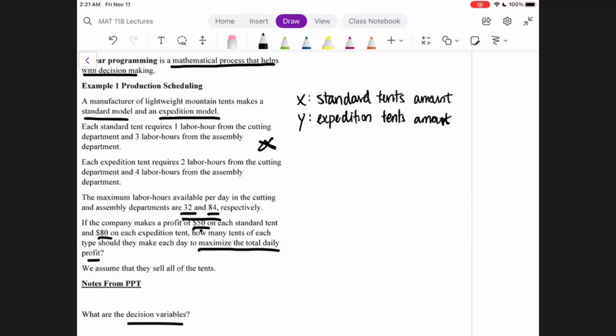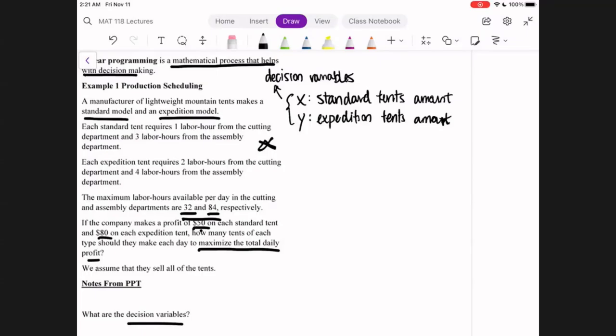So this first part here, you can think of these two as your decision variables, because you're trying to decide how many of each tent you're going to make. I'm not really sure what would work.